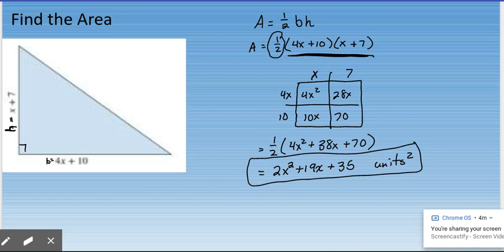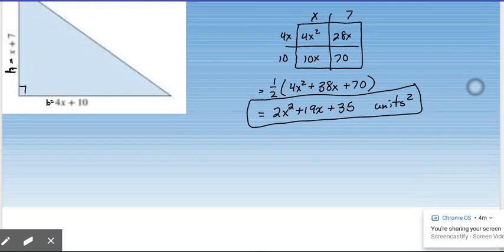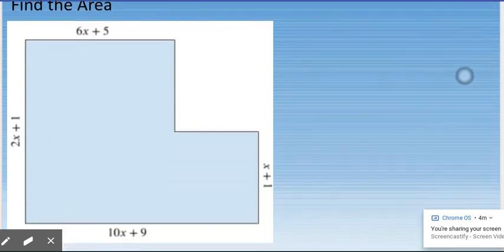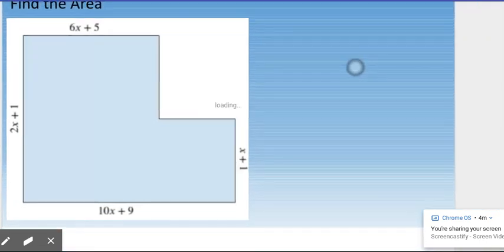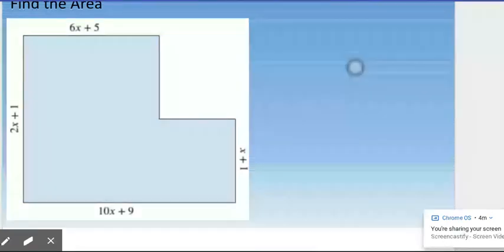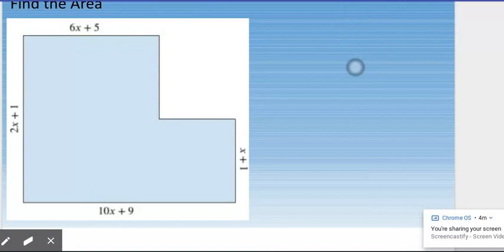The next type that we're going to have to deal with is a problem that's irregular. There's a few different ways of doing this. The big thing is you need to break this up into known figures.